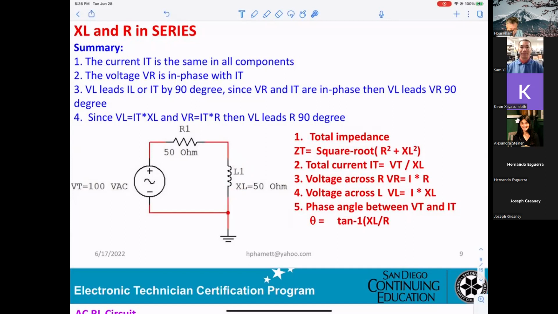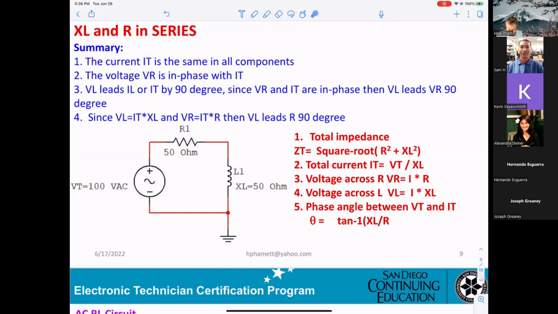To calculate the total impedance, you cannot add 50 ohm to 50 ohm, because they are not in phase. So you have to use the square root of R squared plus XL squared. After you get the total impedance, you calculate the total current: the total voltage divided by the total impedance.